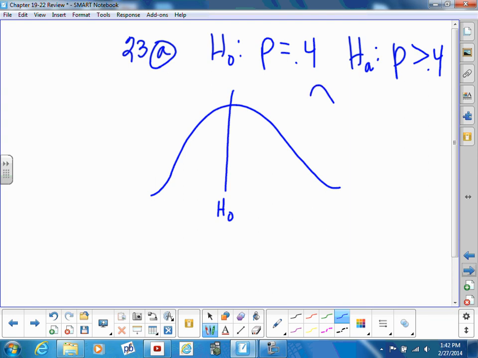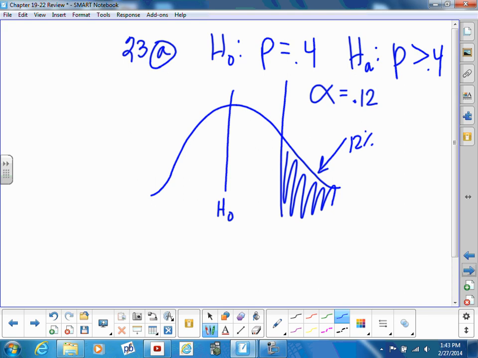They say the alpha is 0.12, and since it's a one-tail upper, the entire rejection region is in this one tail. So the size of this is 12%. So how do you find the critical value?